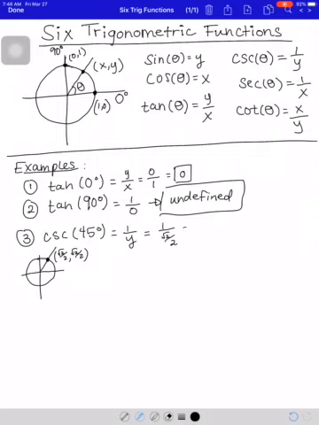But let's simplify this. So in order to simplify, I can leave my numerator the same. And then my denominator, well, instead of dividing by root 2 over 2, that's the same as multiplying by 2 over root 2. And what is this? This is just 2 over root 2. And let's continue simplifying by rationalizing the denominator.